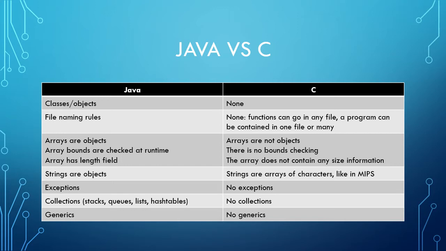So you can see on this slide, and you'll see also on the next slide, I listed some of the differences between the two languages, and some of them have to do with the fact, the first item, Java has classes and objects, C does not. So that's a big difference, and you will see that it will take a bit of getting used to.